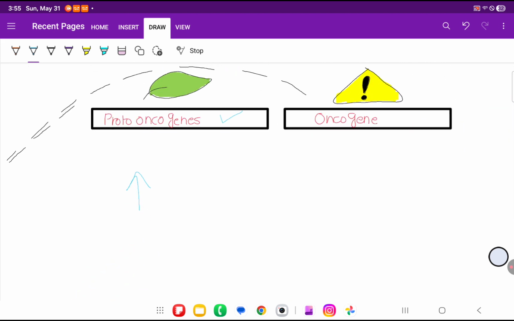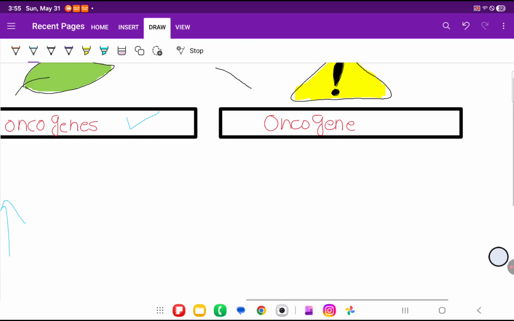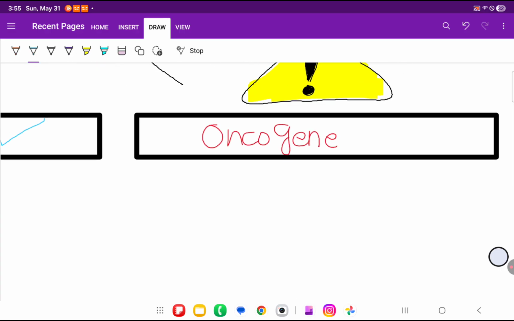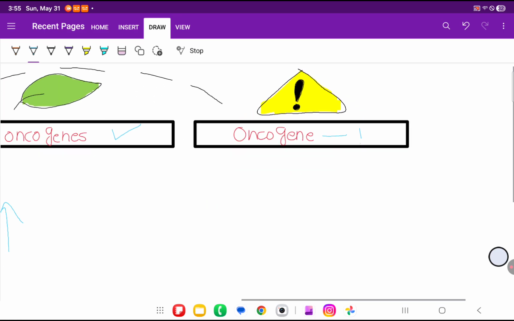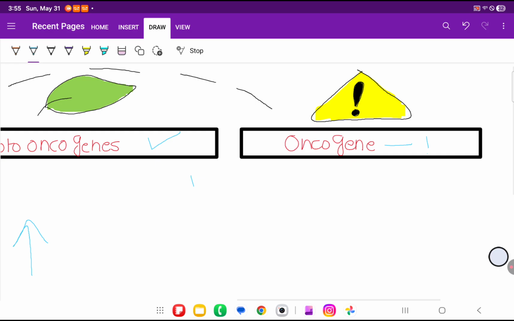And when those same genes become cancerous, they are called oncogenes. I have drawn the symbol here, which is basically a caution symbol. So the same genes, when they become mutated, can become oncogenes.